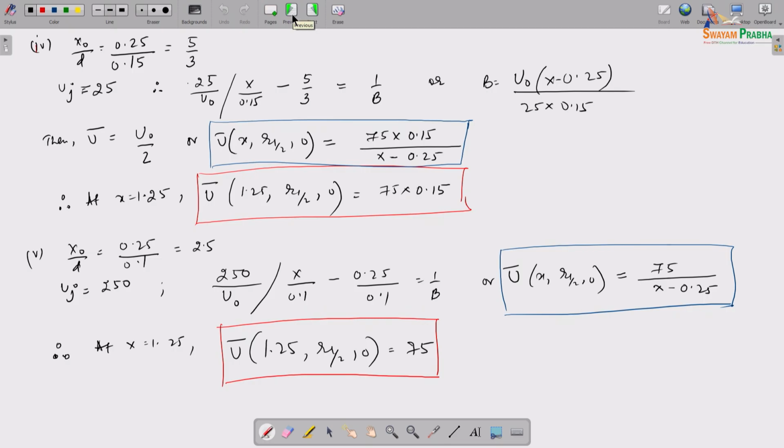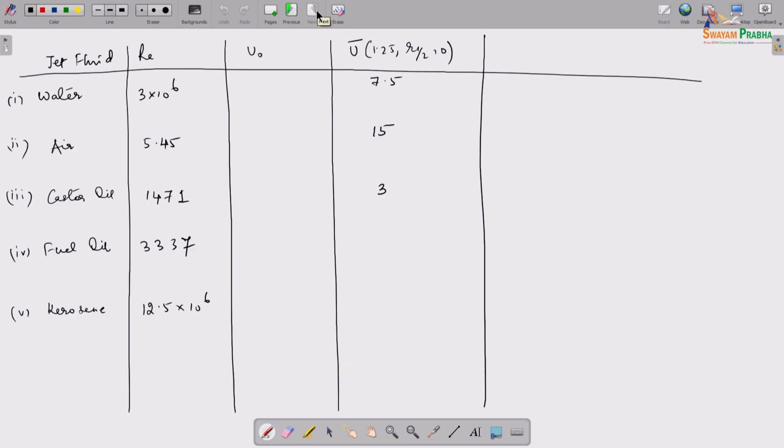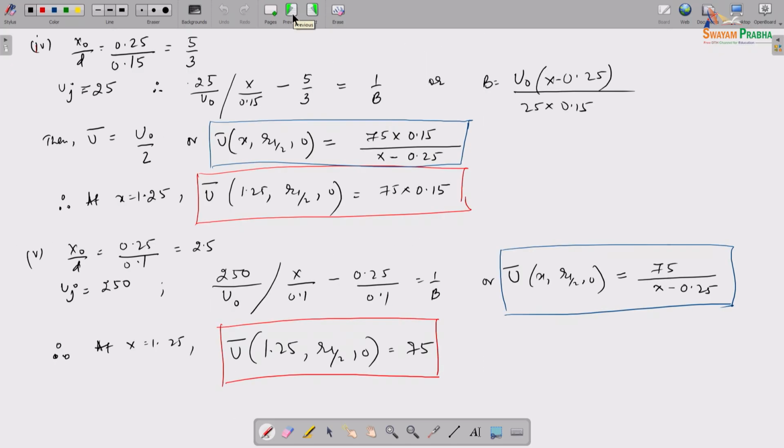Fourth one is 75 into 0.15. It's slightly more than 7.5, let's just put it that way. And 5 is 75.